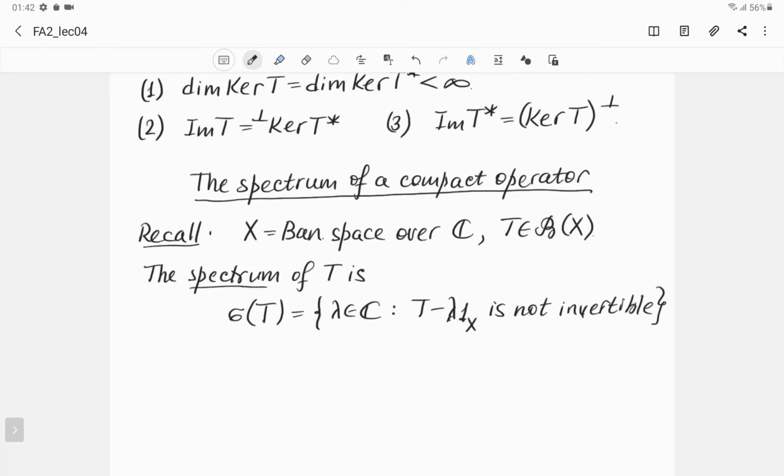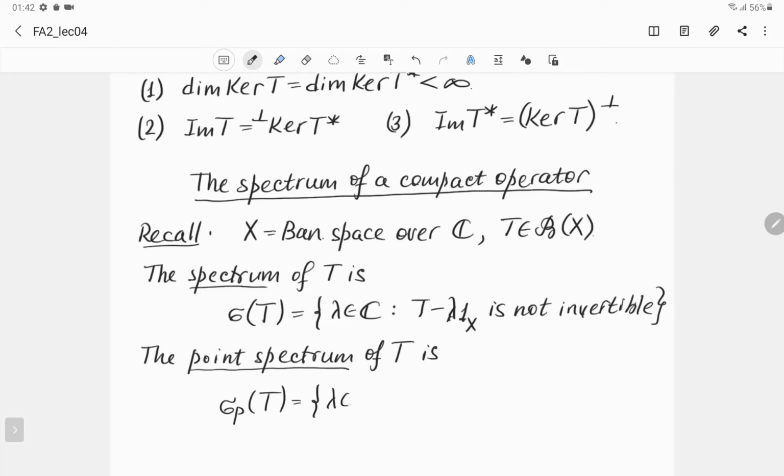And let's also recall that the spectrum contains the so-called point spectrum. The point spectrum of T is the set denoted by sigma p of T, and it consists of those points lambda in the complex plane such that the kernel of T minus lambda is non-trivial.